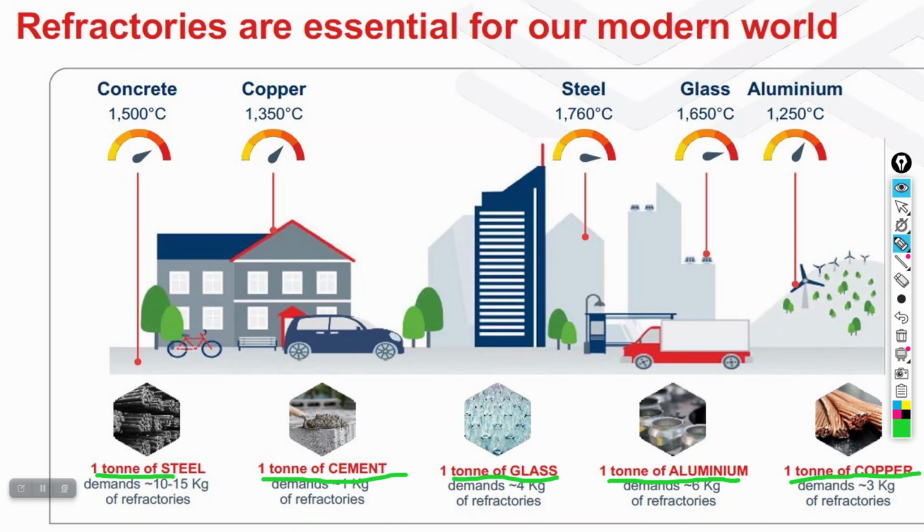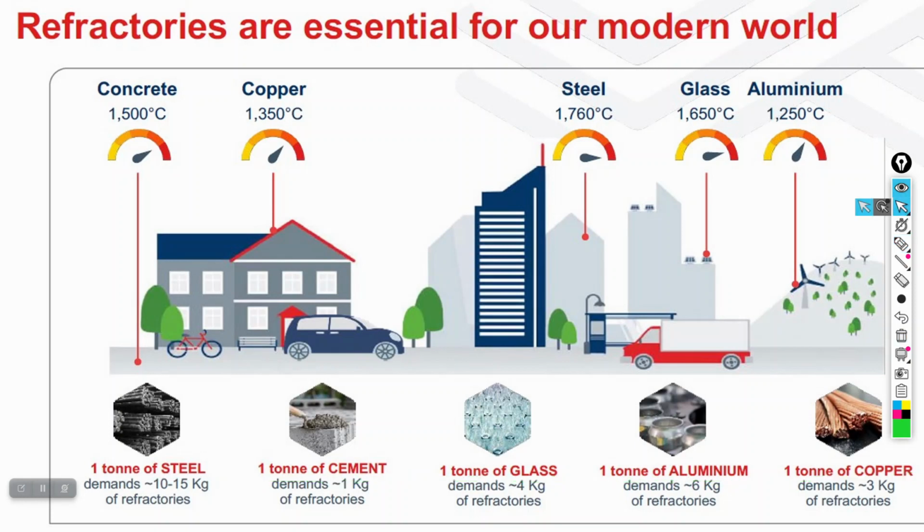For example, steel is used in construction of houses, bridges, all construction works, and copper is used in cables, wires, electrification, etc. Aluminium is used in a wide range of products such as vehicles, automobiles, electrification, towers, etc. Cement for construction, concrete, etc. And glass has its own wide use of applications. So we can very well say that in this modern world, these are the basic items. To manufacture all these, definitely refractory is required.